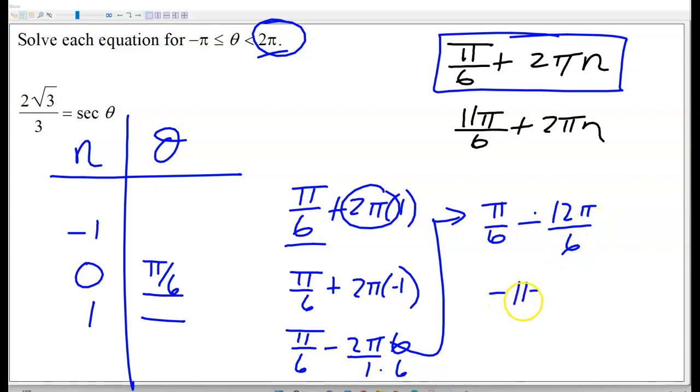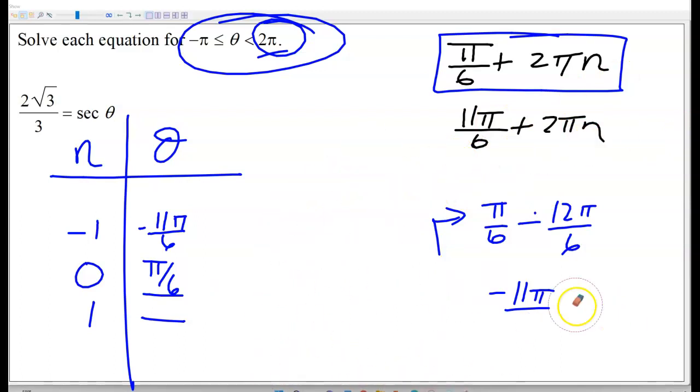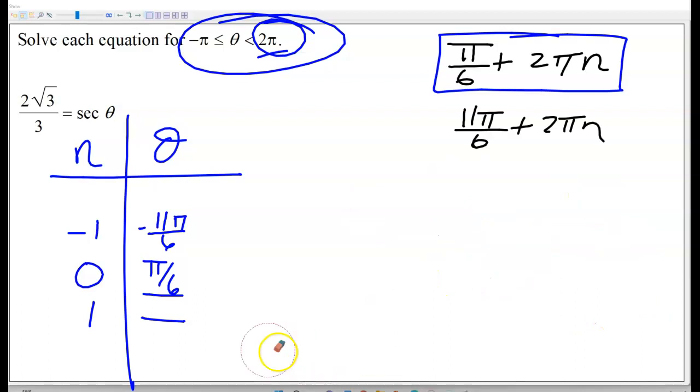And that's negative 11 pi over 6. Okay. Now, is that on this interval? And that's kind of hard for us to tell. And I think I gave you guys some strategies. One way you can tell is just by turning them into decimals to see.